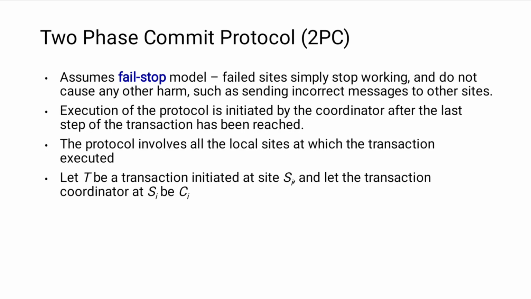That means failed sites simply stop working and do not cause any other harm. That is the fail-stop model. The execution of the protocol is started by the coordinator, and the work is distributed among the transaction managers. Local sites are involved. Let T be the transaction initiated at site Si, and let the transaction coordinator at Si be Ci.